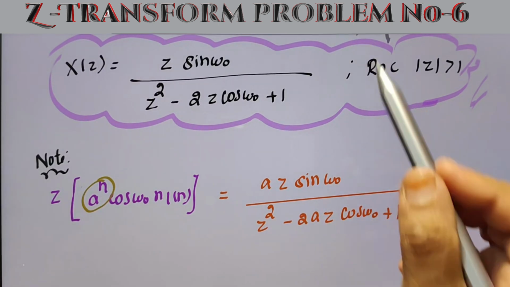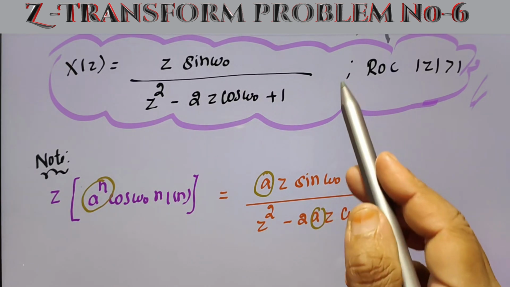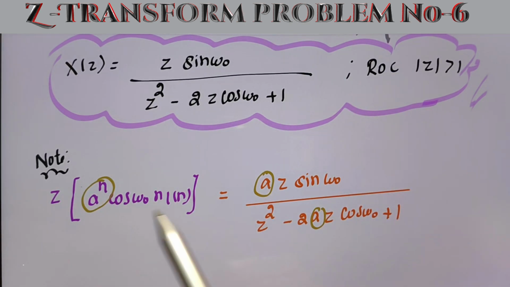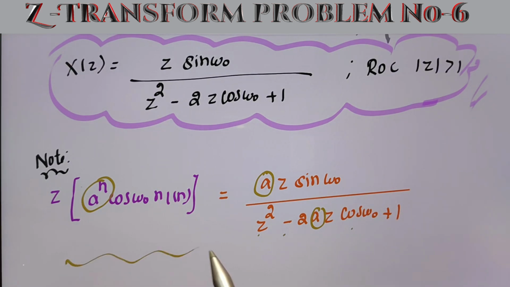See here I multiplied by a, here also a, so both answers are the same. In case of multiplying additionally a power n, the answer will be a into z sin omega naught the whole divided by z square minus 2a z cos omega naught plus 1. Okay, that's all.